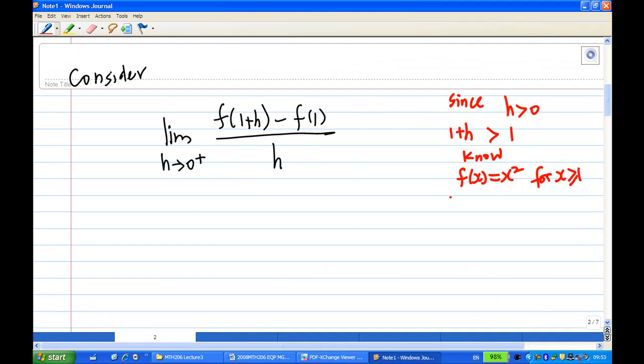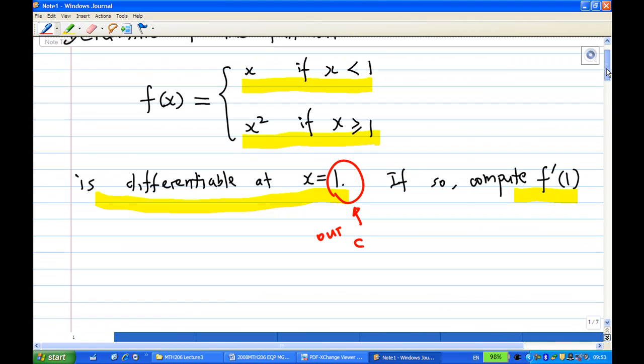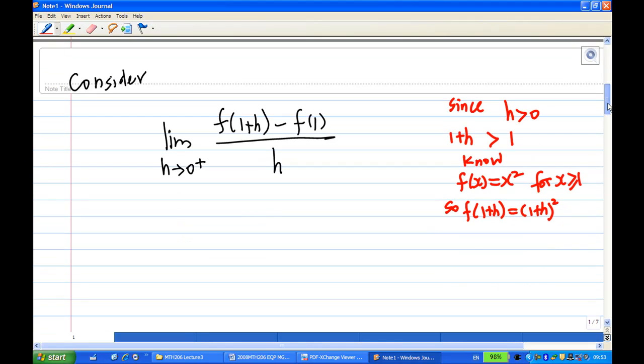So f of 1 plus h now is 1 plus h squared. And f of 1 is also given by this formula. You can see that f of 1 is 1 squared. Right? F of 1 is also 1 squared. It's 1. So you can put this into our calculation.